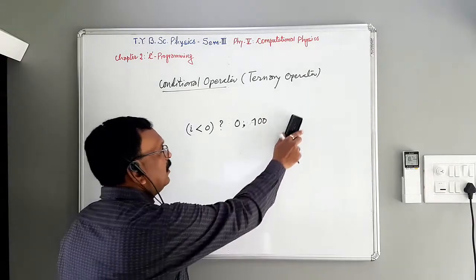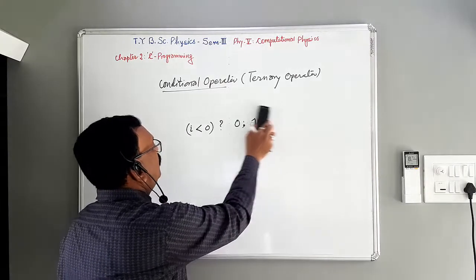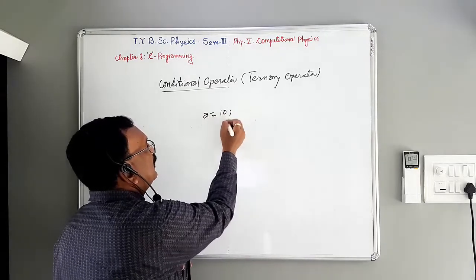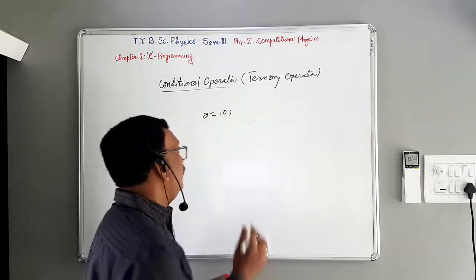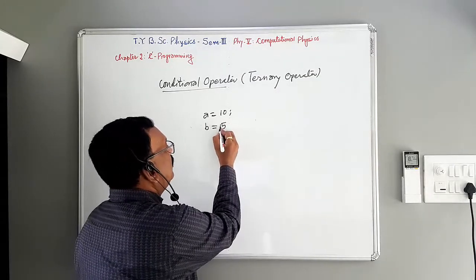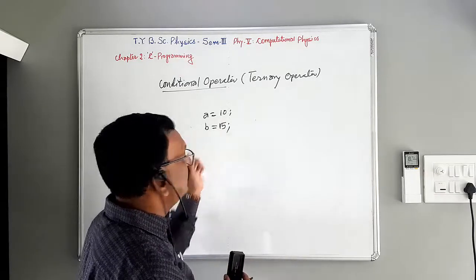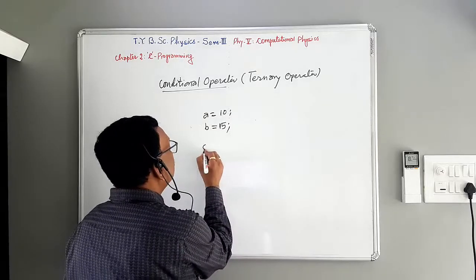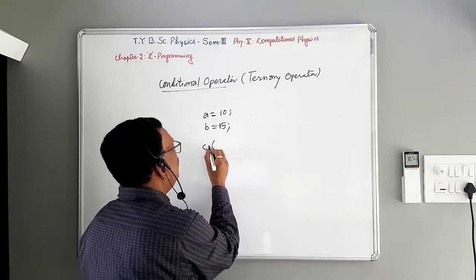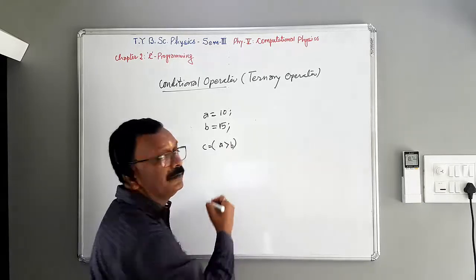If this is not understood, consider another simple example, example number 2. Suppose a is equal to 10. We consider an integer variable and 10 is assigned to a. We consider another variable b, and 15 is assigned to b. Now c = (a > b) ? a : b.